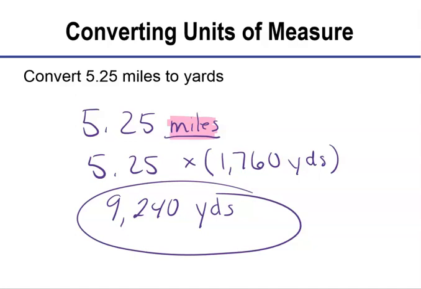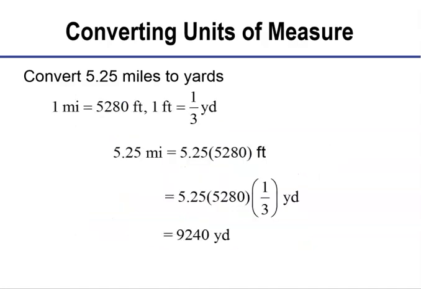So here we go. So they convert 5.25 miles to yards, okay? So they write that 1 mile is 5,280 feet, and 1 foot is 1/3 of a yard. So notice they didn't use the fact that 1 mile, right off the bat, we use the fact that 1 mile is equal to 1,760 yards.